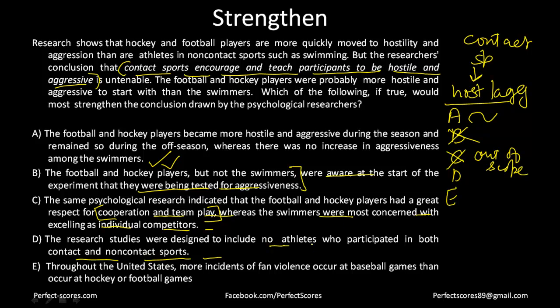Even if there were such athletes, it would not make any difference, so D is again out of scope. E says throughout the US, more incidents of fan violence occur at baseball games than occur at hockey or football. Now the argument is not talking about baseball at all, so this one is also out of scope. So our answer is going to be option A.